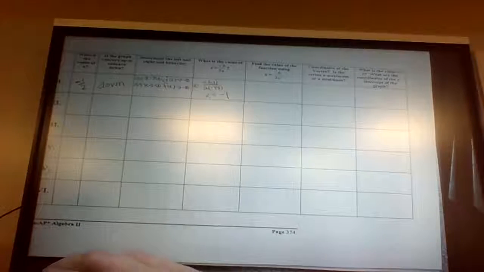So what does that work out to be? How about -1? x equals -1. This says find the value of x equals. So x equals -1.